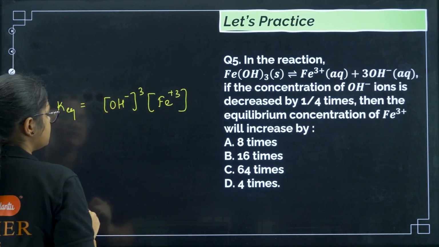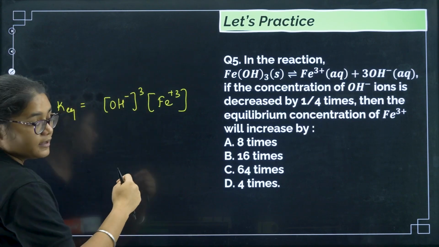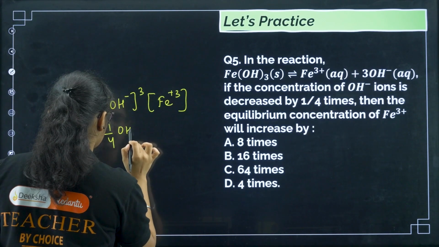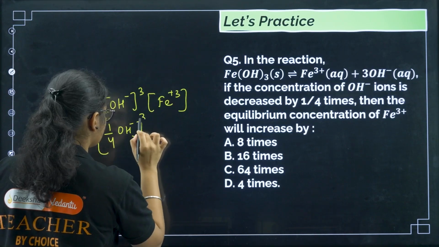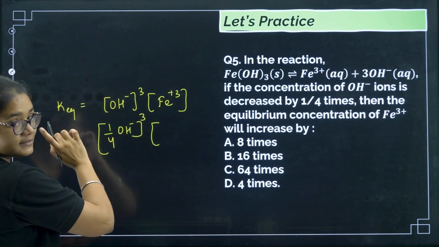Now, if you are decreasing the concentration of OH minus by 1/4 times, it will become 1/4 of OH minus to the power of 3.